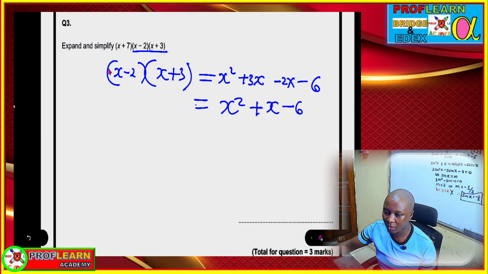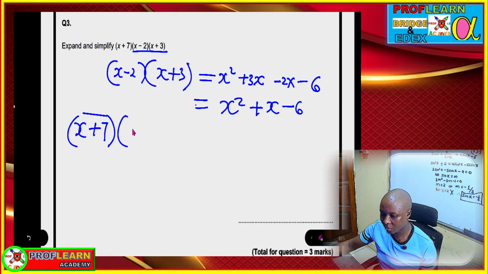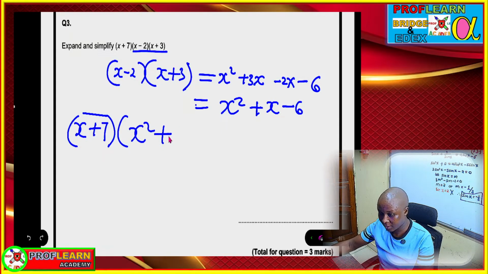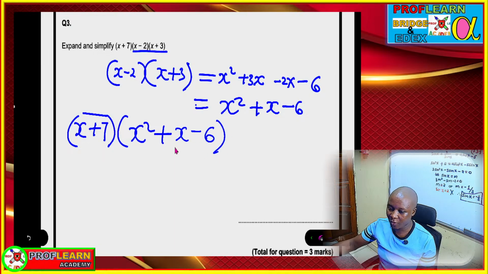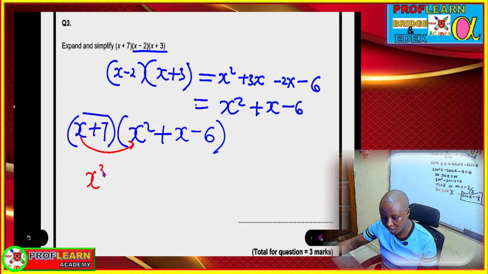So next we are going to say it will be x plus 7 into x squared plus x minus 6. If we open the bracket here, of course, we are going to multiply this term by this. We are going to have x cubed.